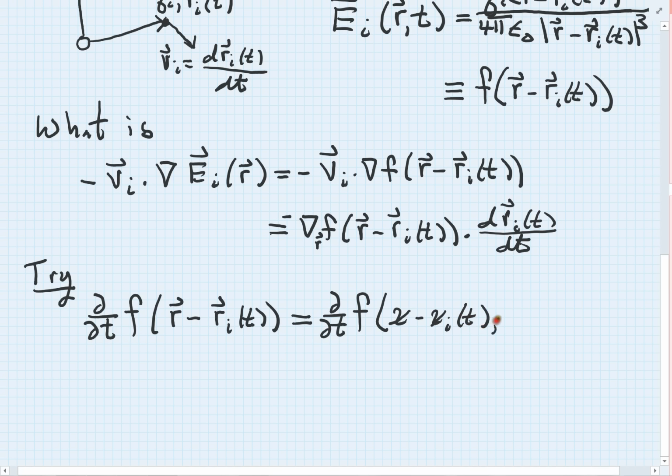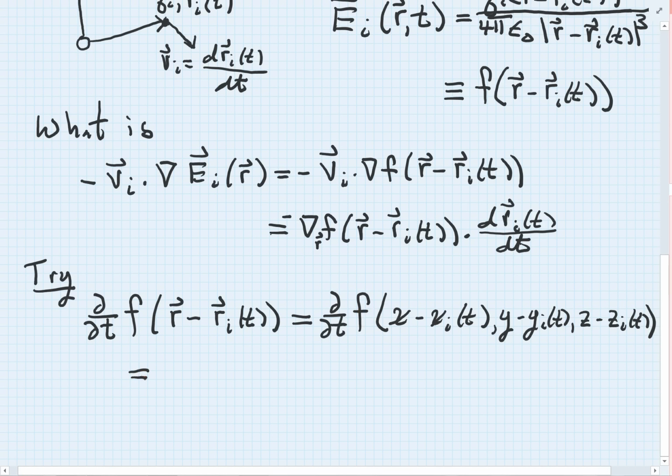And then, of course, I'm going to have y minus y_i at time t, and z minus z_i at time t. And I'm now going to take that derivative following the chain rule, and we know how this goes for partial derivatives, right? It is more or less what we've been saying.